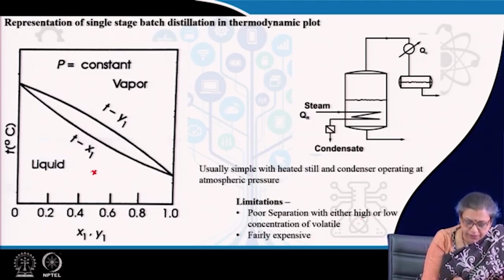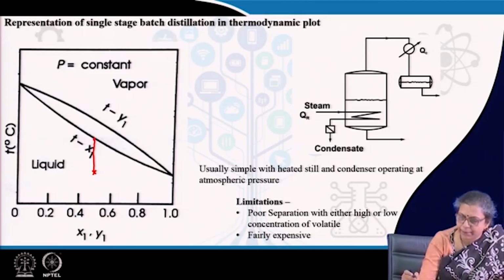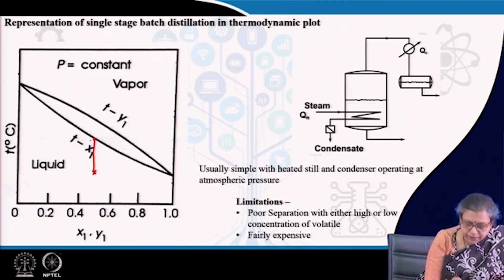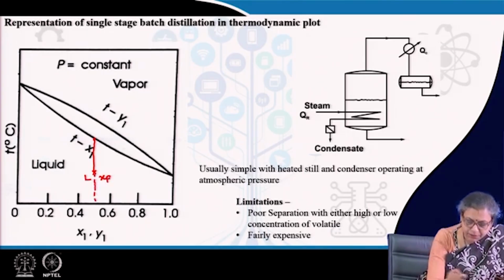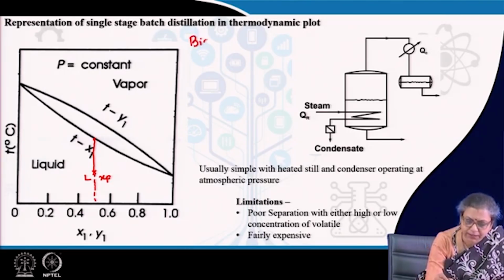Say suppose we have started from this part, we keep on heating it till we reach the saturated conditions. From the saturated conditions, what happens? The vapor forms. This is the liquid feed and its composition is say XF. This plot is definitely for a binary mixture, it is quite evident, otherwise we could not have done it.